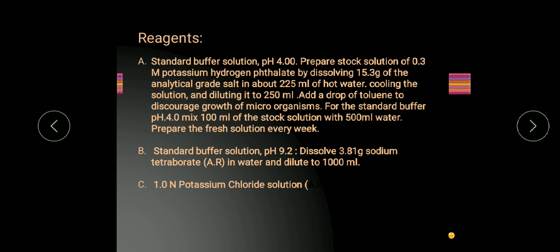For pH 4, prepare a stock solution of 0.3 molarity potassium hydrogen phthalate by dissolving 15.3 gram of the analytical grade salt in about 225 ml of hot water, then cooling the solution and diluting it to 250 ml.